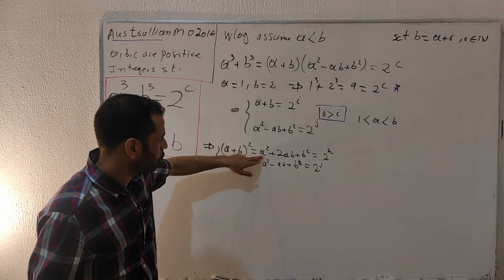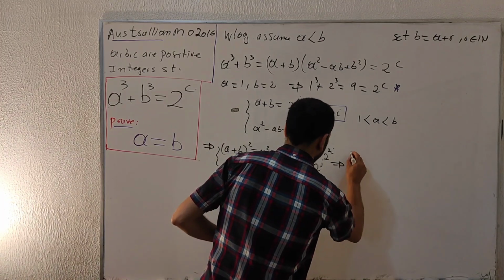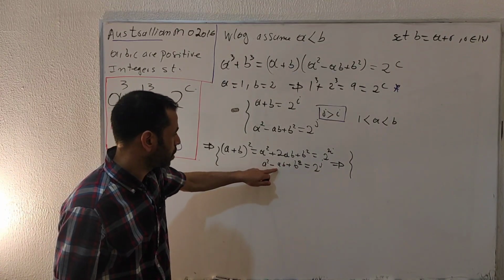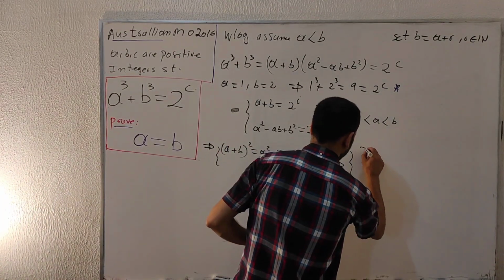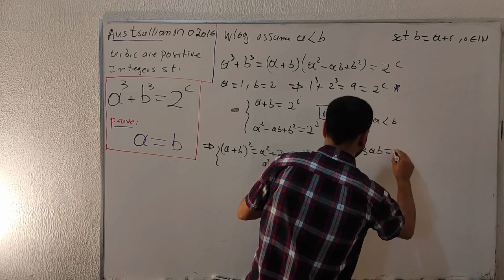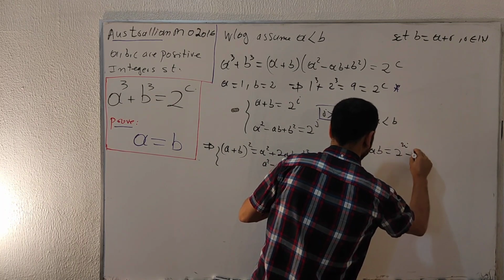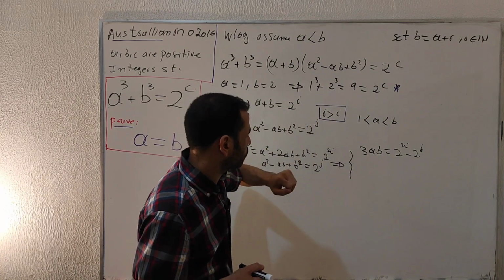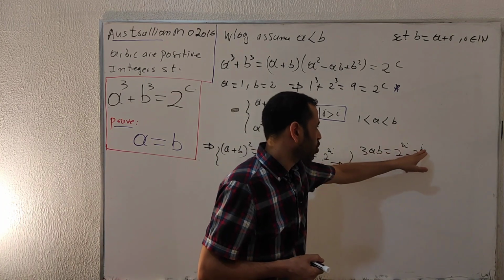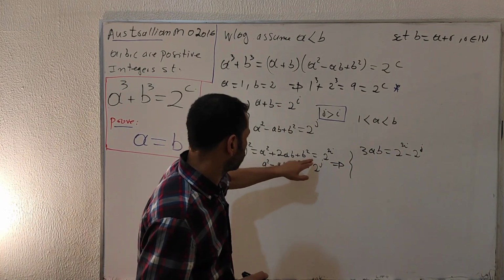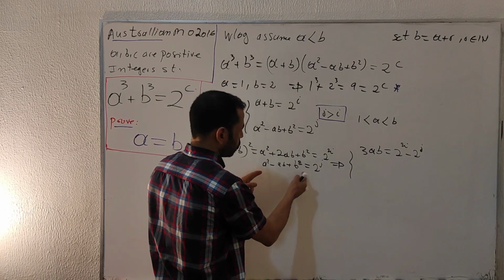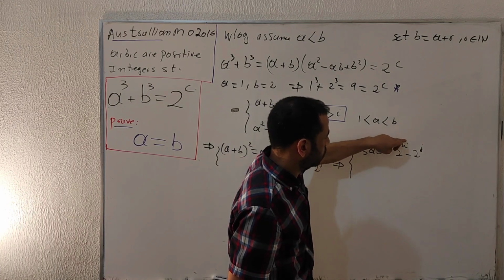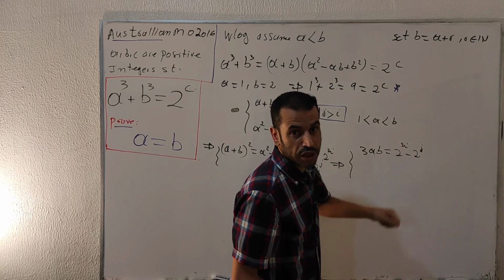Now I'm going to put this equation minus this equation, so I will have a lot of cancellation here. A squared cancels out, B squared cancels out, and I get 2AB minus AB, which is 3AB, equals 2 to the 2I minus 2 to the J. J is strictly superior than I, but 2I is strictly superior than J. You can check it in the first equation: this one is bigger than this one, which means 2I is bigger than J. Since 2I is bigger than J, I'm going to take 2 to the J as a common factor.